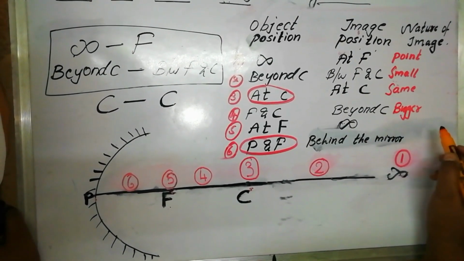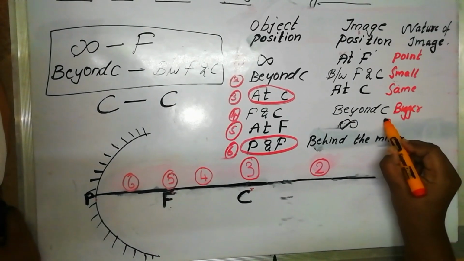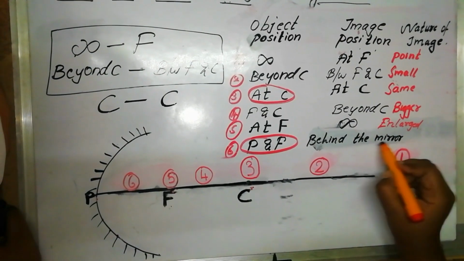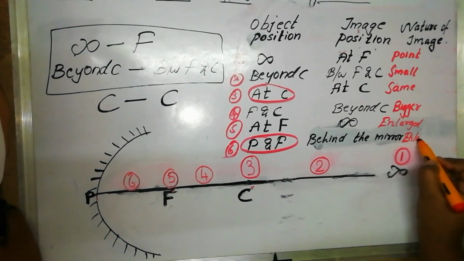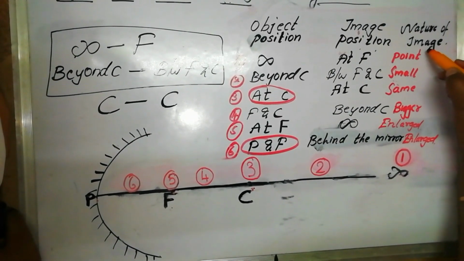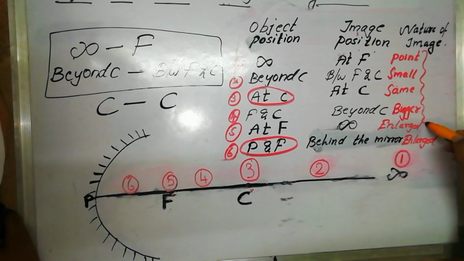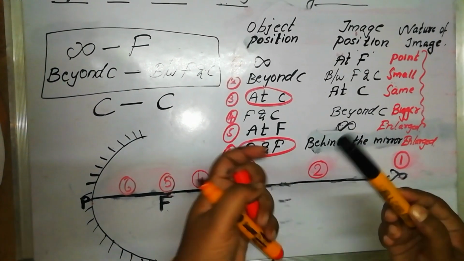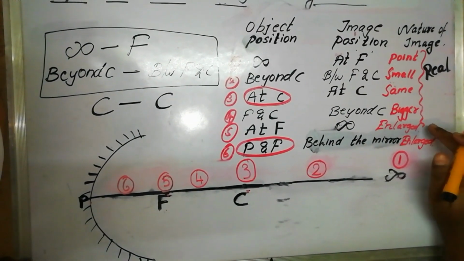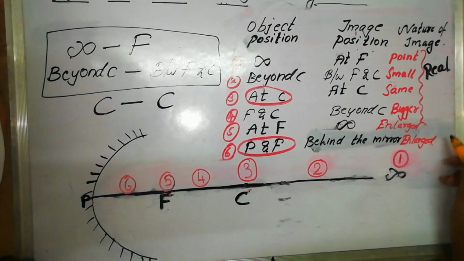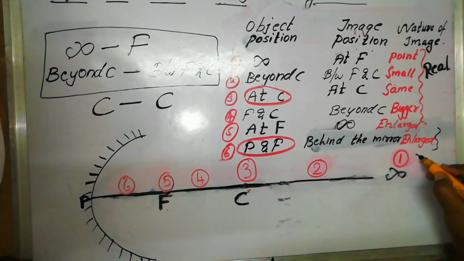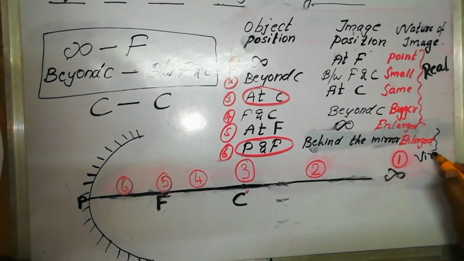At F, the image at infinity, we can say that it is also an enlarged image. And in the last case, we will get an enlarged image, but a virtual image. So in all the earlier cases, we can catch the image on a screen, so we can call them real images. Whereas in the last case, we cannot catch the image on a screen, so we can call it a virtual image.